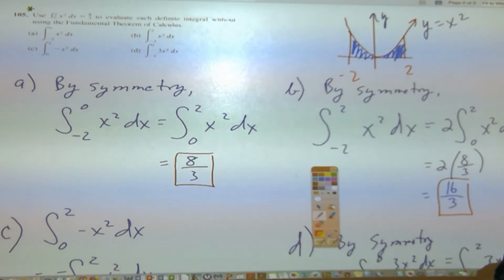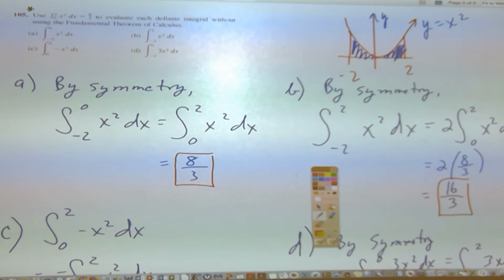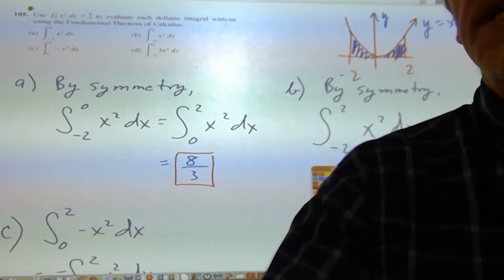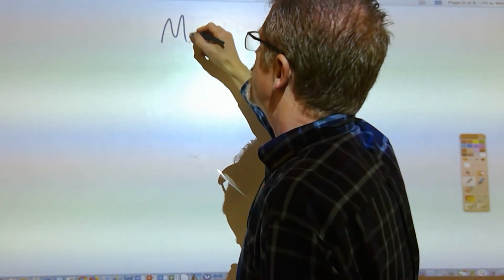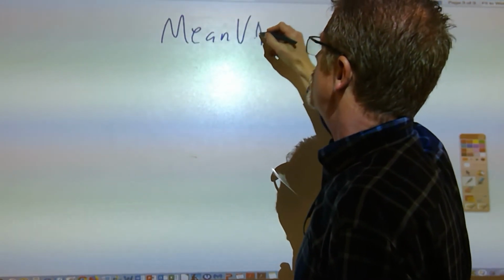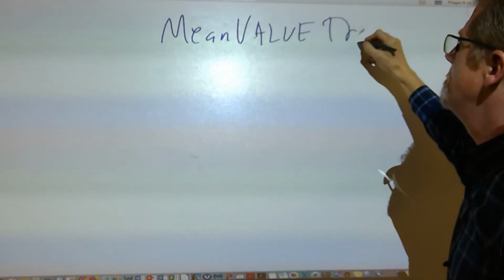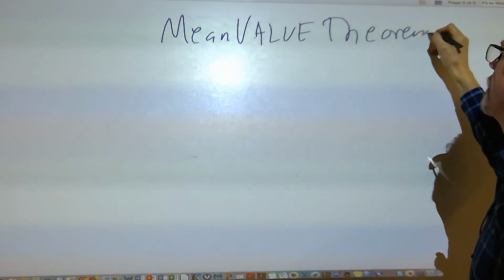And today's application is something I'd like you to record on a sheet of teacher supplied blank paper. So I'm going to pause the camera. Today's lesson is entitled, and you can write this on your sheet of paper, The Mean Value Theorem for Integrals.